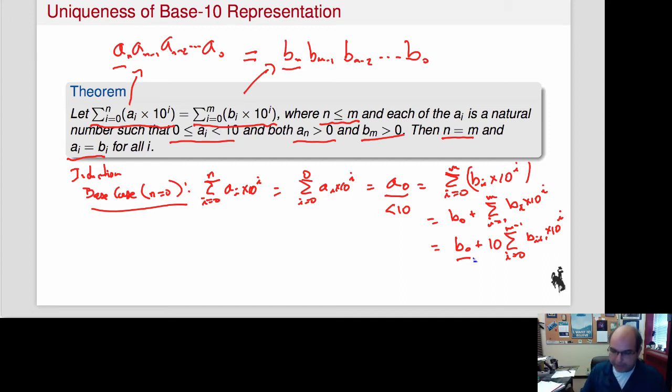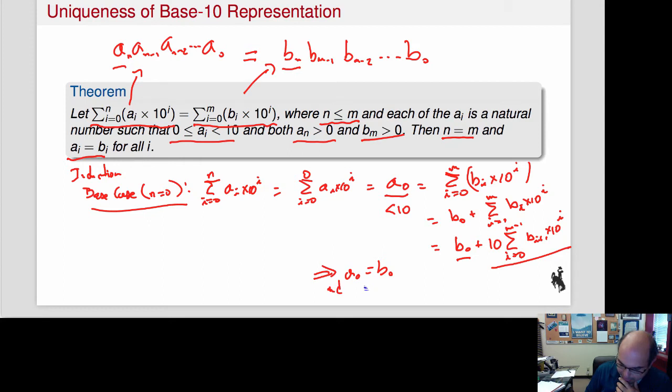And when we add that to a number between 0 and 9, I should get some other number between 0 and 9 only if that multiple is 0. So what that tells us is that a_0 has to be equal to b_0. There's no other way, because otherwise this will simply add a multiple of 10, and it can't end up equal to a_0, which is a number less than 10. So that must be the case.